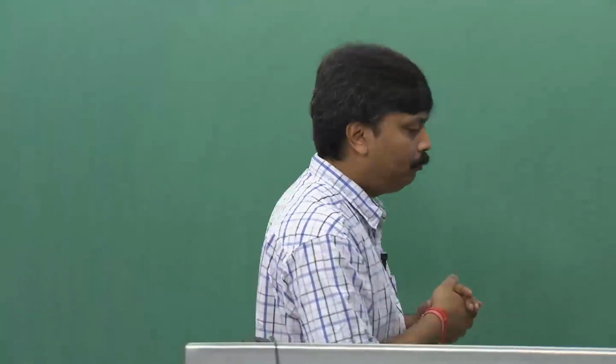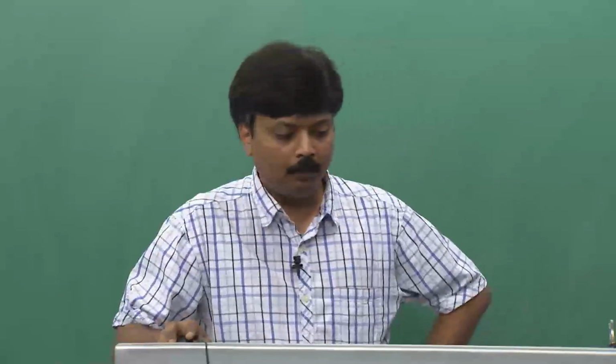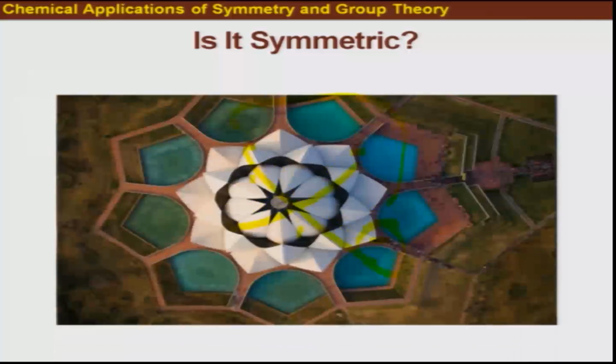So let's look at some of the other structures that we see almost every other time. This is a famous lotus example, the Lotus Temple, sorry. This is also very, very symmetric. Okay. So you can easily say that it's a very symmetric structure.